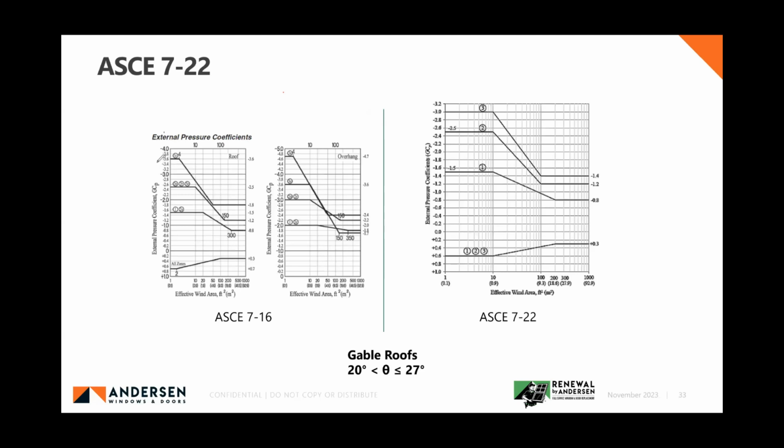If we look at our smallest effective wind area, which would govern roof fasteners, connection of the roof deck to the framing, in ASCE 7-16, this number 3R, which is near the ridge, was negative 3.6. And then if we look in ASCE 7-22, that's been reduced down to 3.0. So a pretty decent size decrease there for this specific condition.